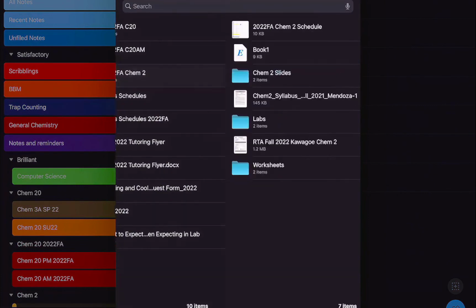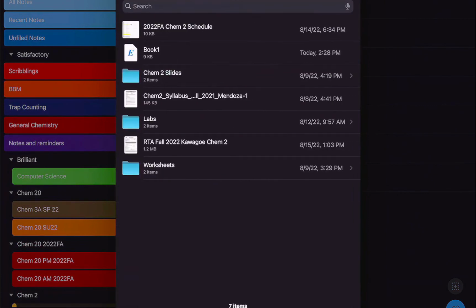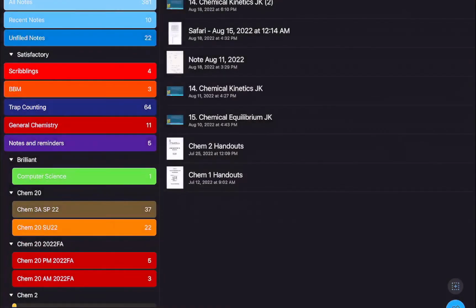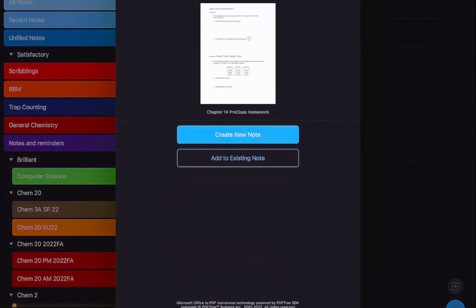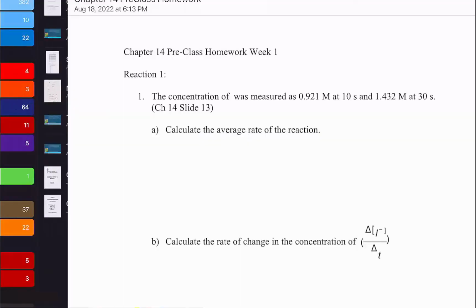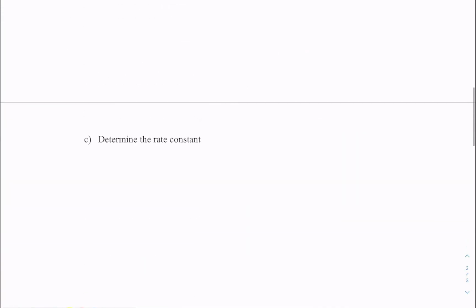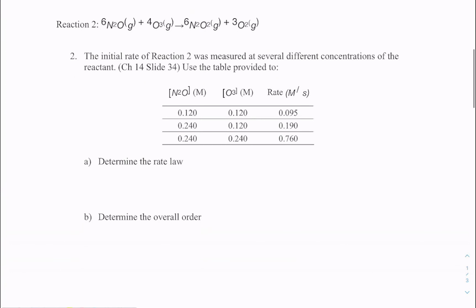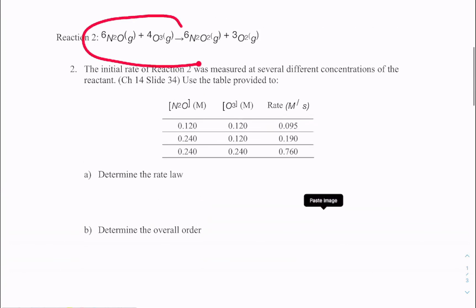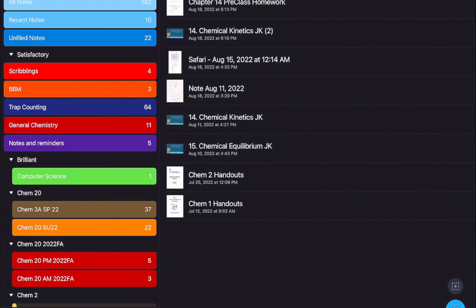Now this is being a pain. 2022 fall, Chem 2. Wait, worksheets. No, that's... We can take a look at these actually. Well, that imported beautifully. Oh, I'm sorry.